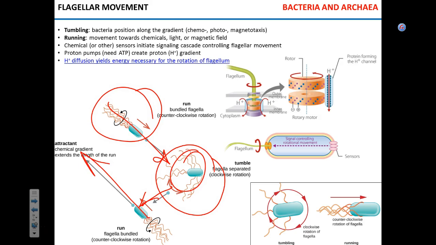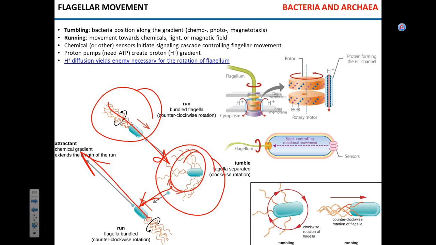This movement can seem quite chaotic, but bacteria will run to increasing concentration of some kind of chemoattractant, usually nutrients. Does that make sense? They will swim towards the higher concentration of nutrients. And when they run, they swim along against the local gradient.